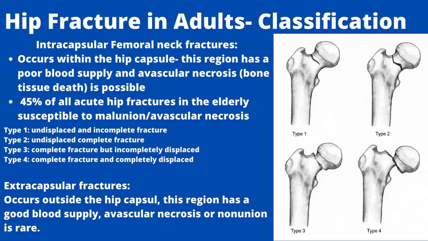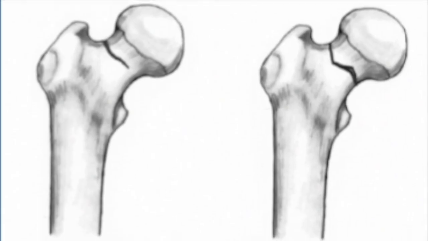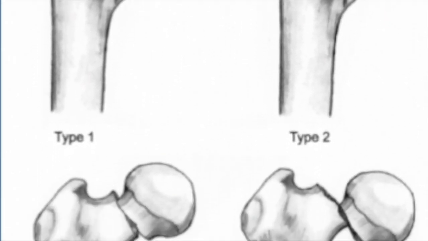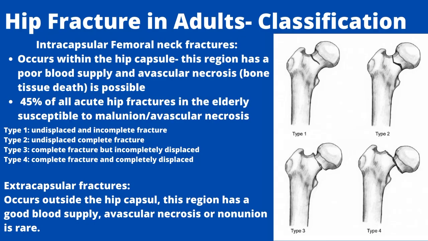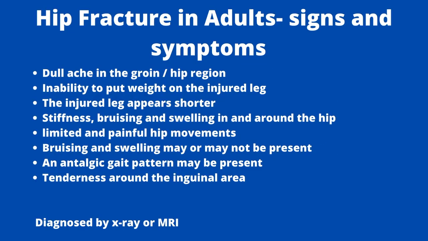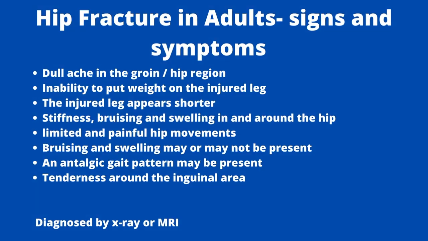As you can see, there are many types of hip fracture, and there are also different classifications of hip fracture, which basically go from incomplete fracture all the way to a complete fracture with or without dislocation. Signs and symptoms are pain in the groin area and in the hip area, instability, there might be a leg length discrepancy, as well as bruising, swelling, and tenderness around the area.